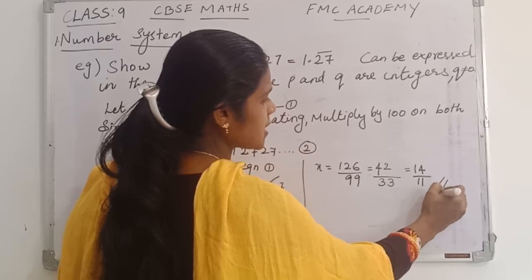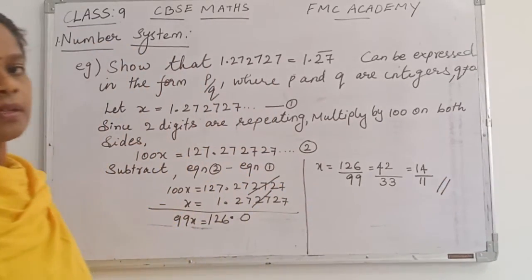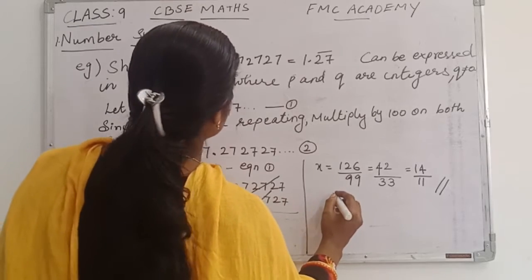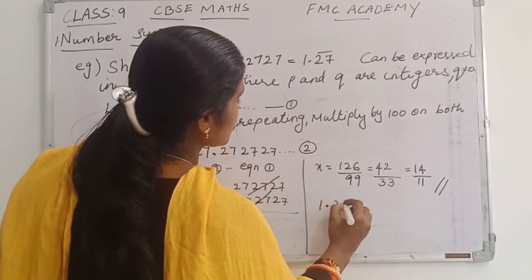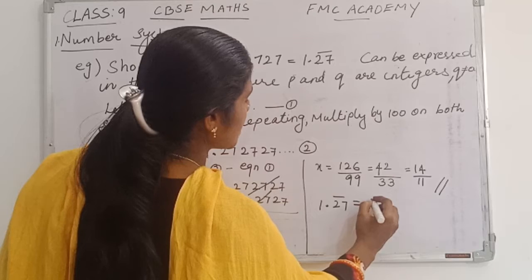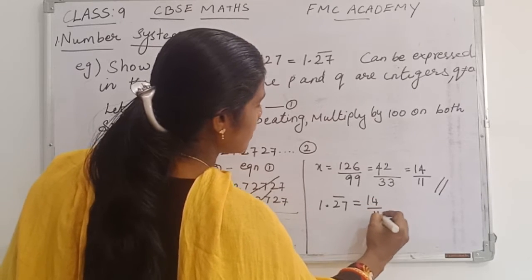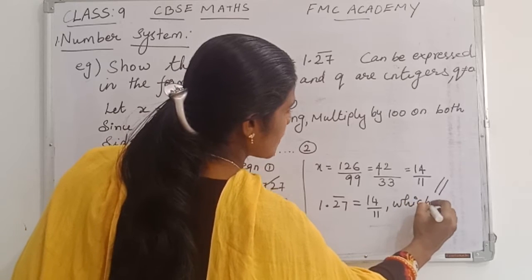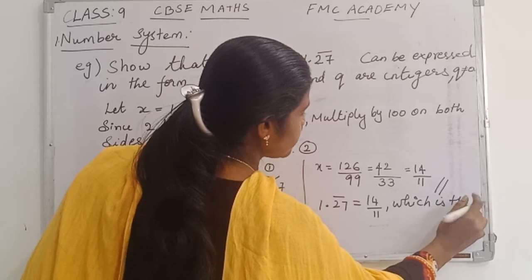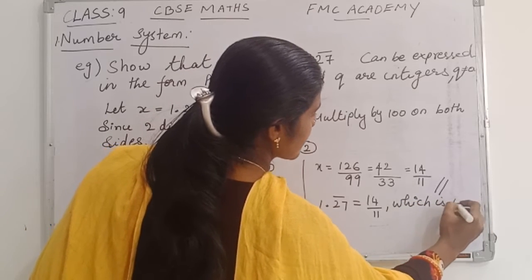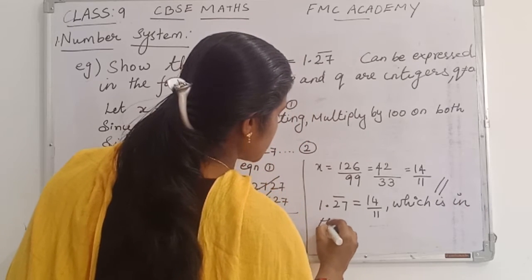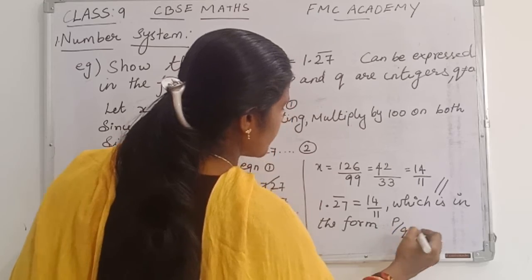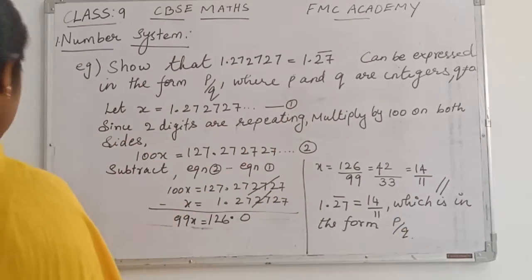So your answer is finally 14 by 11, which is in the form of p by q. So you can write it now: 1.27 is equal to 14 by 11, which is in the form of p by q. Yes, let us move to the next example.